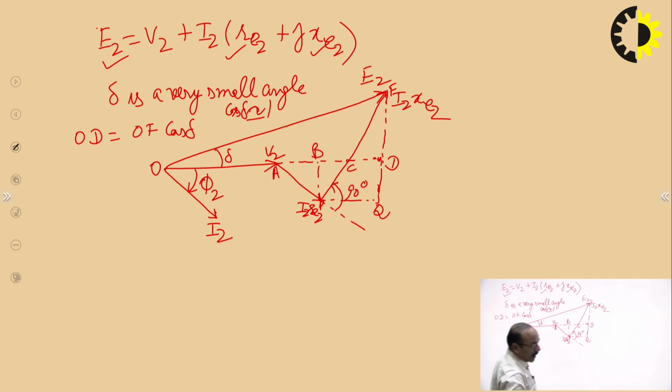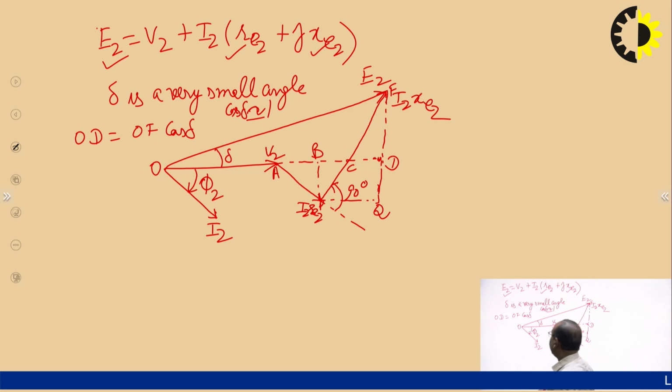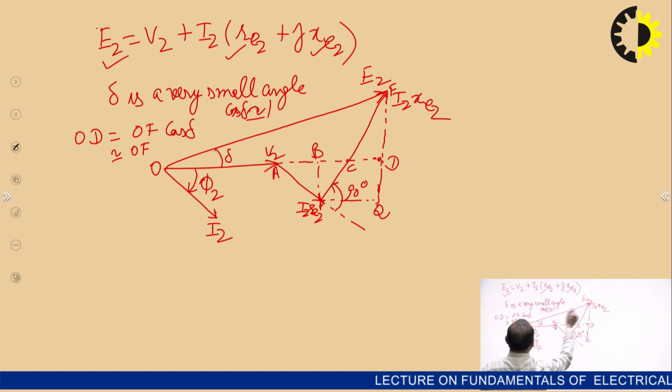Since when delta is 0, cos 0 is 1, and since delta is a very small angle, cos delta can be approximated as very near to 1. So, I can write OD is approximately OF, and OD is E2 and OF is V2. So, OD also becomes OF, that is V2.